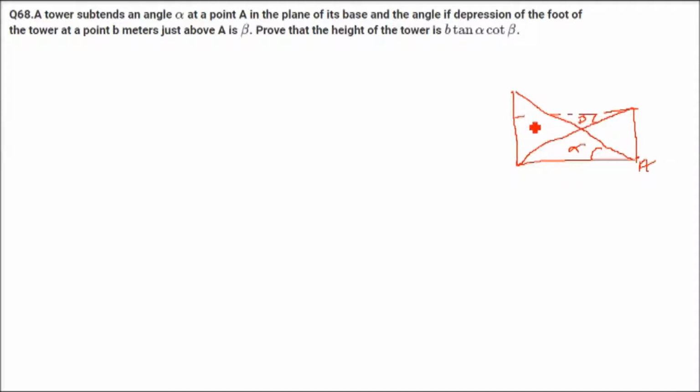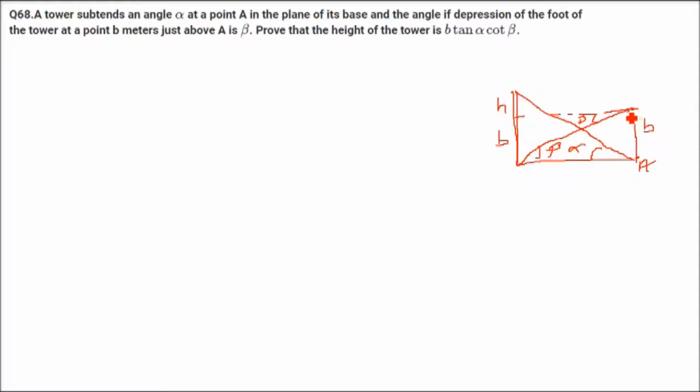This is beta actually, so with the diagram, this will also be beta. And this height is at a point B meters above, so this is B. We have to prove that the height of the tower is this much. If this is B, this will also be B, and this, let us take it as H. We are going to add H with B so that the height of the tower can be found out.